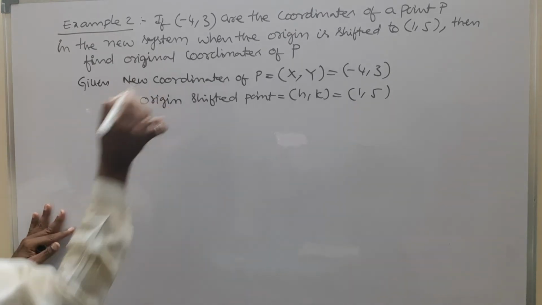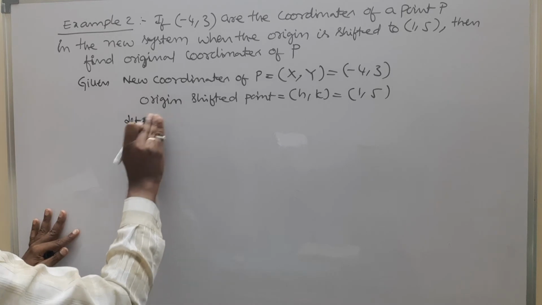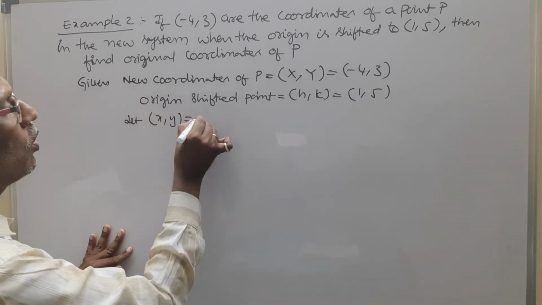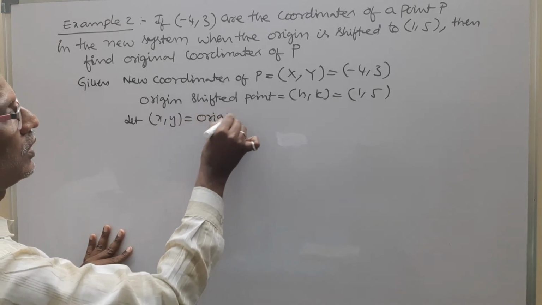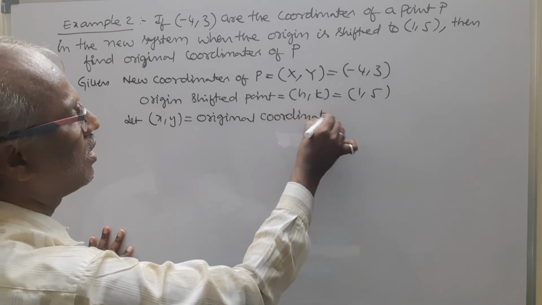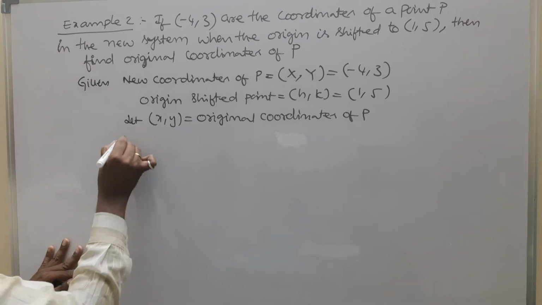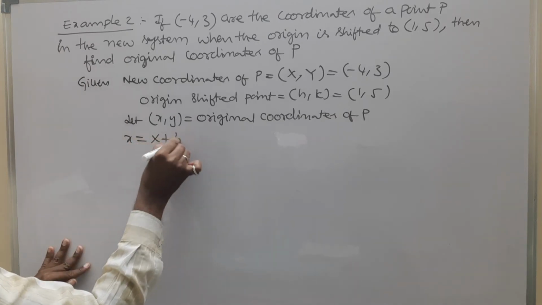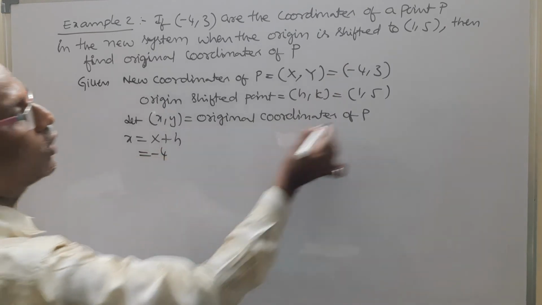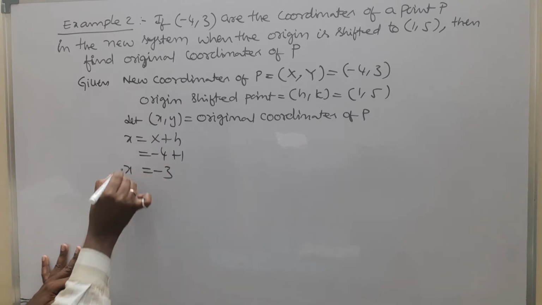To find the original coordinates of P, let (x, y) equal the original coordinates of P. One relation: x = X + h. Here the value of X is given as -4, h equals 1: -4 + 1 = -3. So x equals -3.